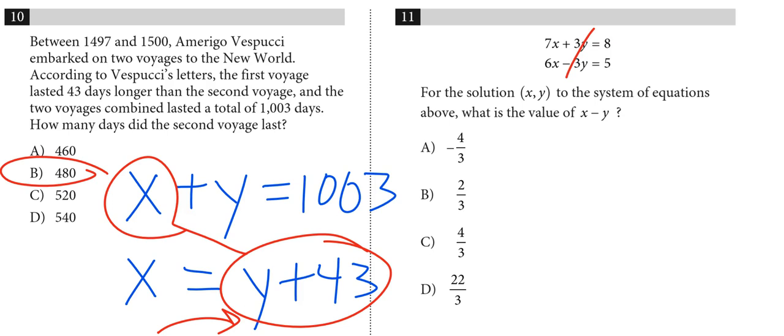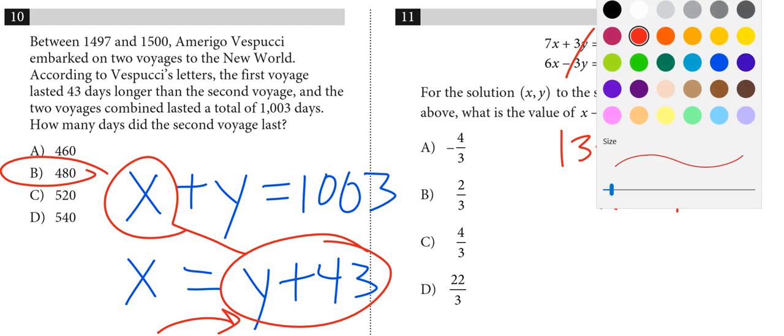I think I just have to brute force this. 13x equals 13, so now we know that x is 1. Did you have a different strategy? I just think it's not easy. Well, what I was trying to do is subtract the two equations to see if there was a way that it would spit out x minus y and I could go right to the number. But it doesn't work. Not the way I wanted it to.